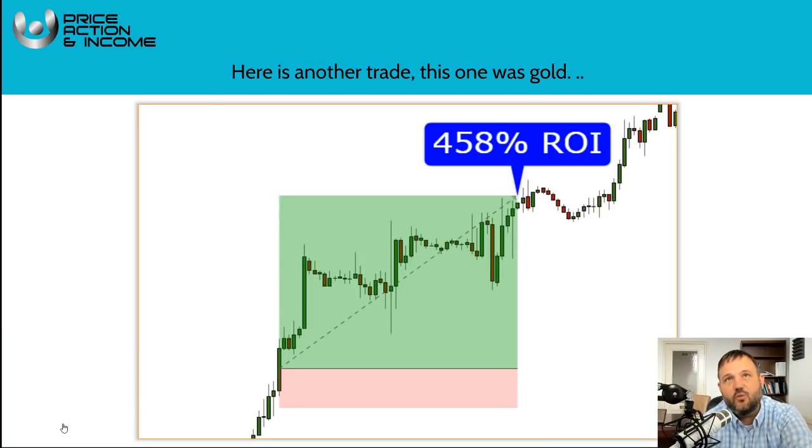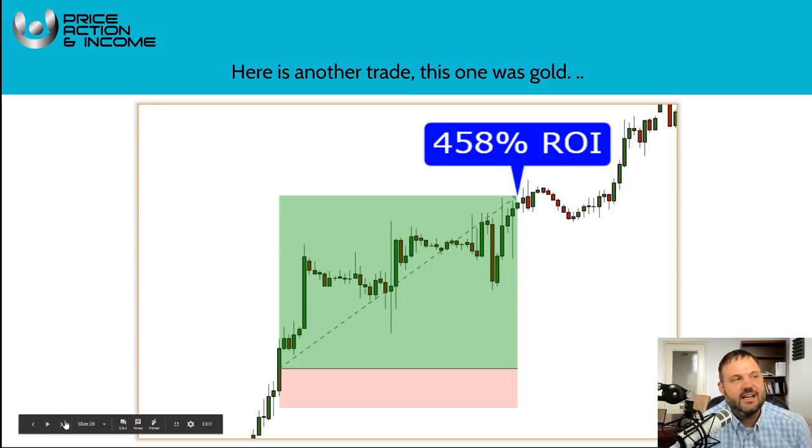So here's another one that we did, and Richard specifically. It's gold. You can see that it was a breakout trade. So we have a lot of different methods, but one of them is a breakout, and it was a 458% ROI. So a 458% return on that one specific trade.